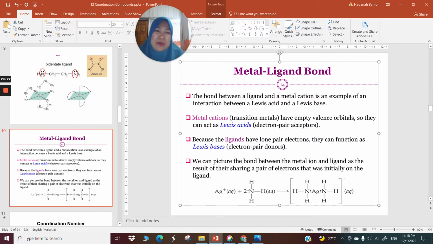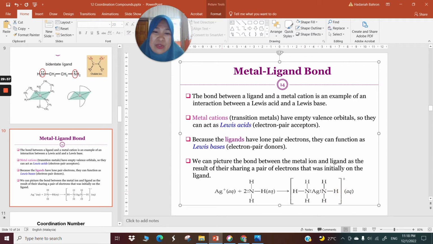So we can picture the bond between metal ion and ligand as a result of them sharing a pair of electrons that was initially sitting on the ligand. So you have your ammonia, two ammonia here, reacting with one silver cation, and the silver cation accepts the lone pair of electrons from each ammonia, one on the right, one on the left, and it makes a complex ion like that.